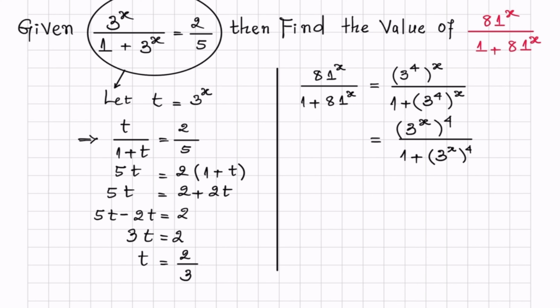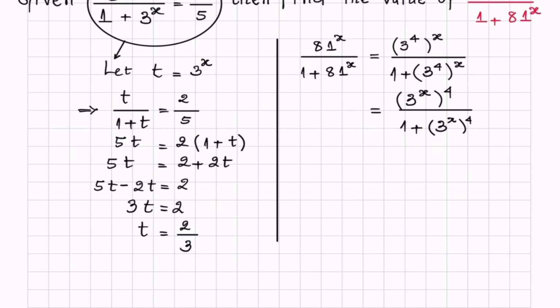Okay, so as we know that when t is equal to 3 to the power x, that means 3 to the power x equals 2 over 3. So we can substitute the value of 3 to the power x equal to 2 over 3 into this expression.